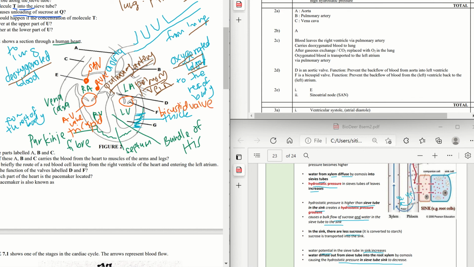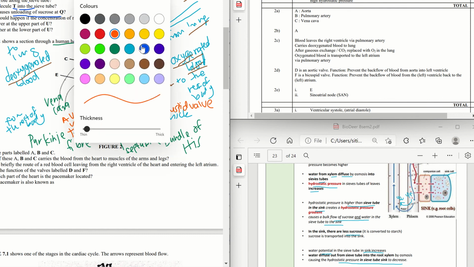Kemudian dua valve yang membahagikan atrium dengan ventricle, kita panggil AV valve. So ada tricuspid ataupun bicuspid. Ada lagi satu valve di antara ventricle ke aorta dengan antara ventricle ke pulmonary artery.